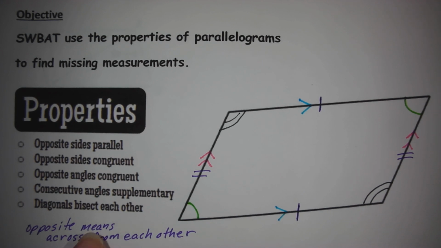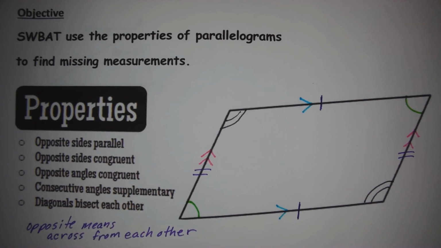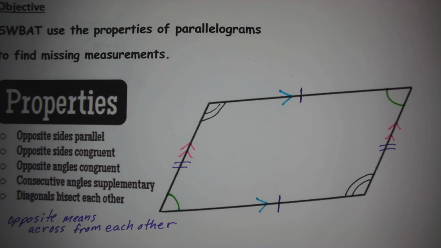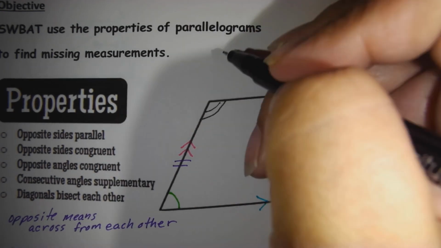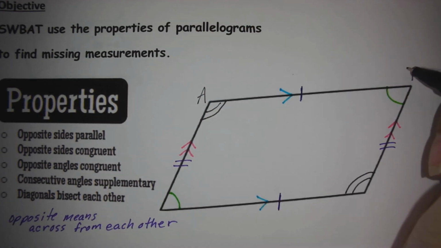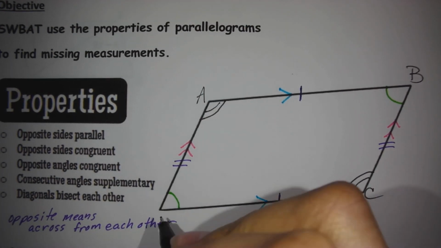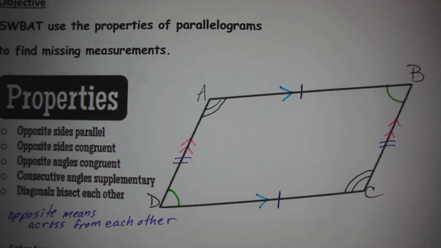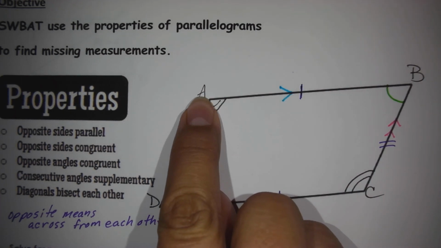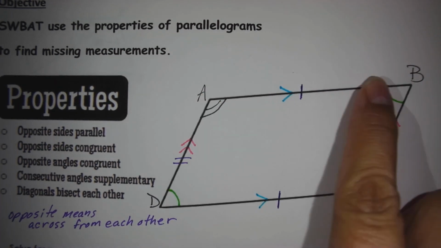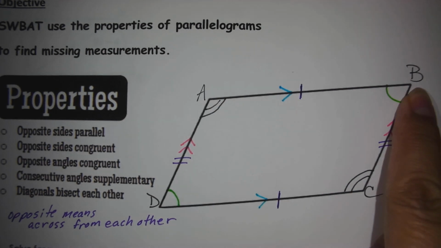The next part is consecutive angles are supplementary. Consecutive means one after the other. So if we were to label these vertices A, B, C, D, B is right after A. So A and B are consecutive angles.